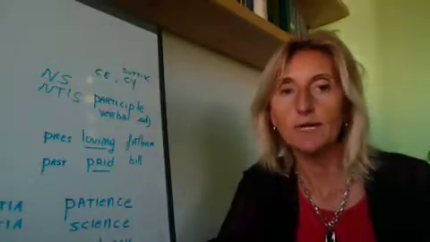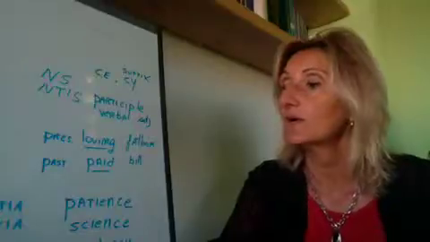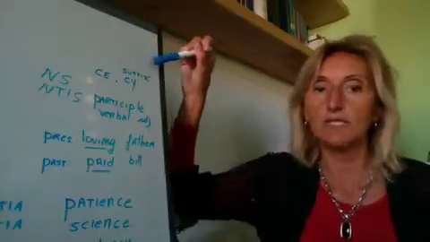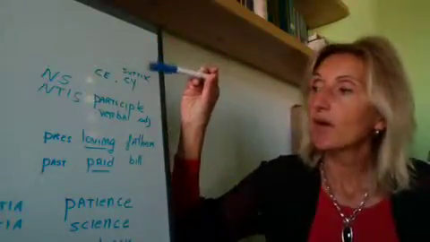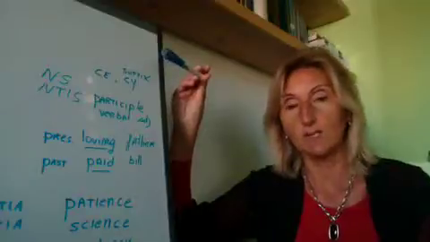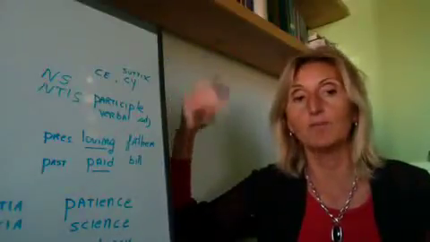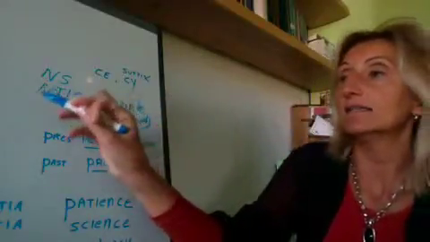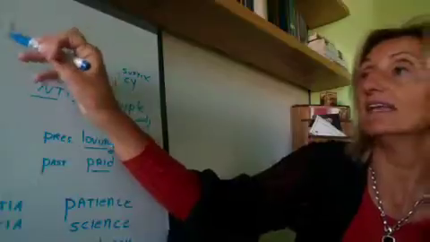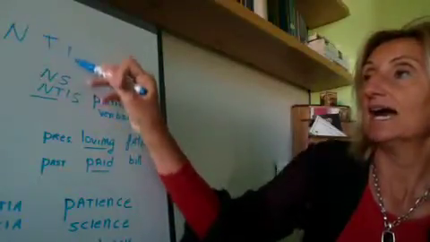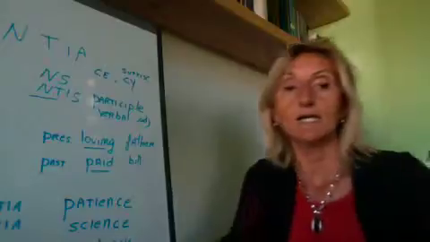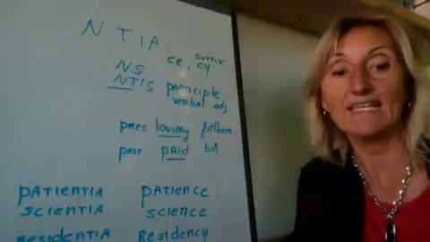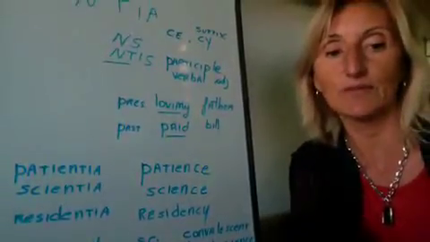Okay, I want to talk about the suffix CE or CY in English, which derives from the participles we were talking about before, from a form of the participle in Latin ending in -tia, that you can find in the Latin words patientia, scientia, or residentia, for example.